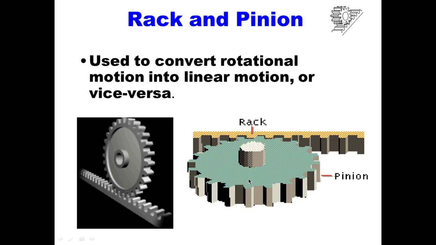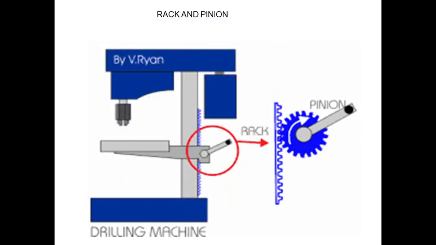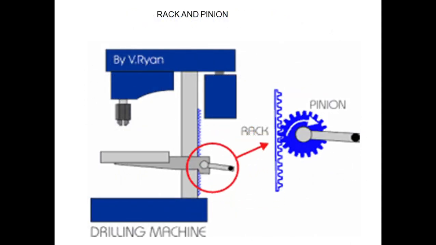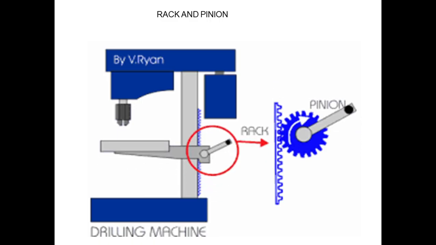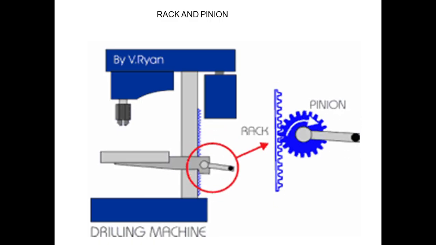So we are converting rotational motion into linear motion, and the rack will move linearly. We move the wheel, and because of that the rack moves, depending on whichever is made the driver. You must have seen a rack and pinion in your drilling machine. Here we make the pinion the drive, and this rotational motion turns into linear motion.